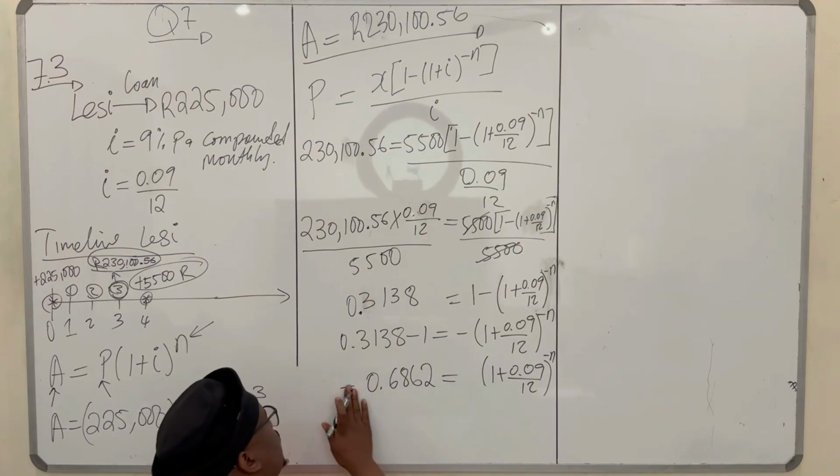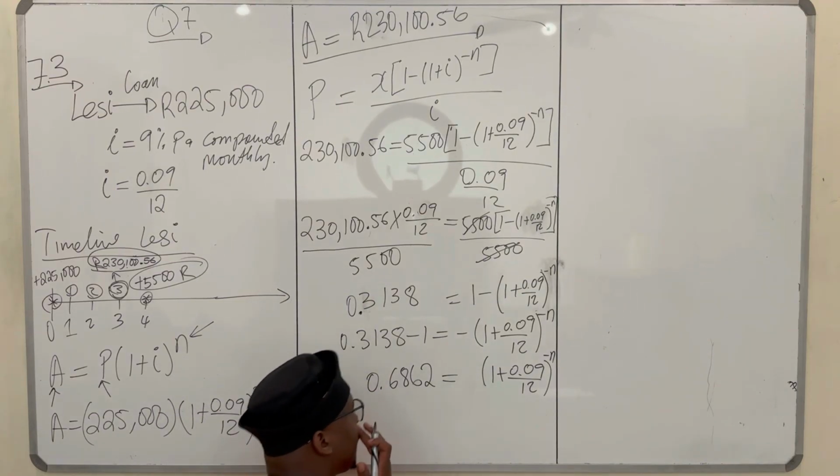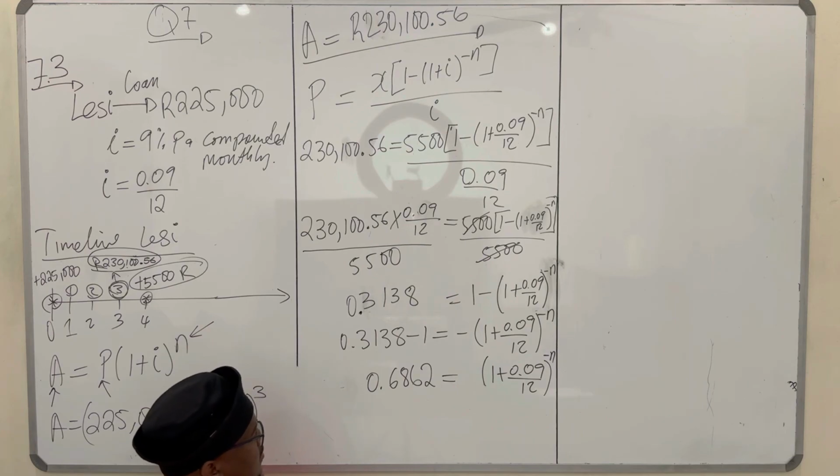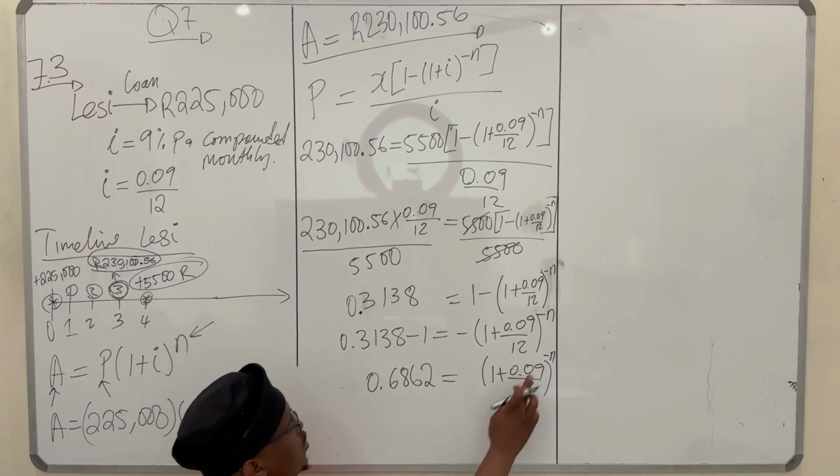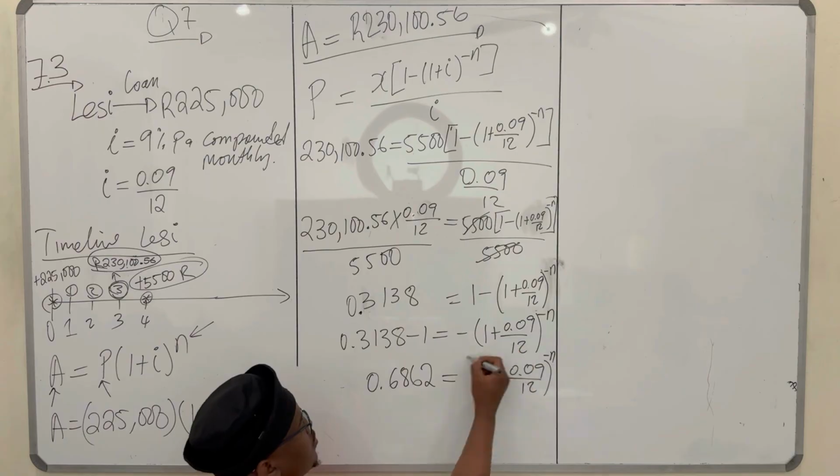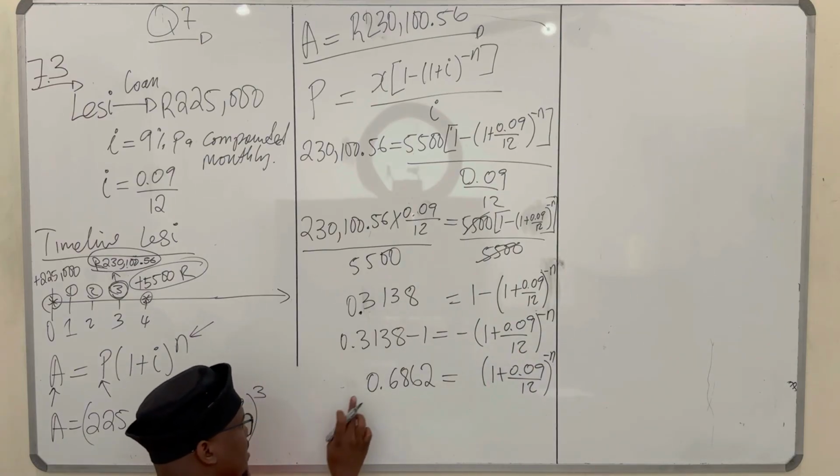Then divide by negative 1 both sides to be positive. No problem. So we want to solve for that. If you want to take this down, you must introduce the logs. Take the log of this.